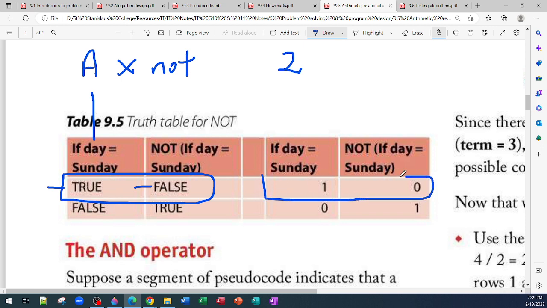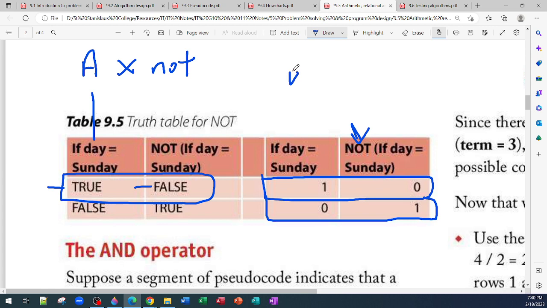With this one over on the right hand side, if it is 1 on this side, if I apply the not operator, it's going to turn to 0. Same for the bottom row. If it is 0, you apply the not operator, it's going to turn to 1. Once again, if you have the word on, and you carry out the not operator, then the other value is going to be off. Think you guys clear on that?